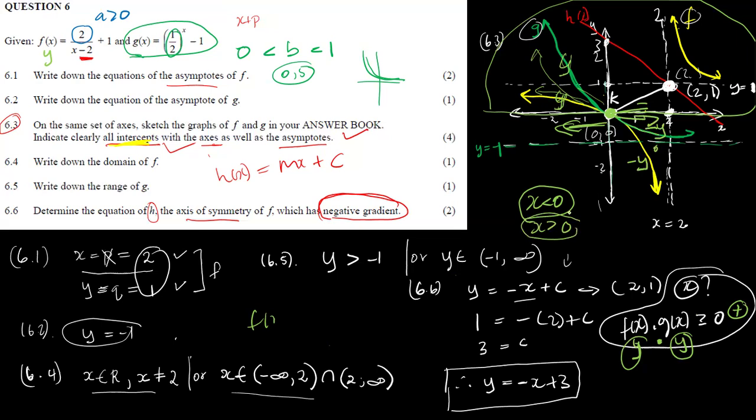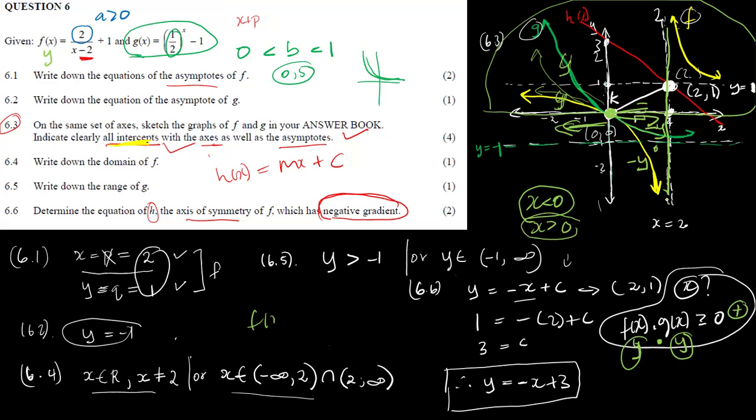But now here's the thing. How are we going to put it down? We have an asymptote here for this yellow graph. So we're going to end where the asymptote restricts us. This is a restriction.